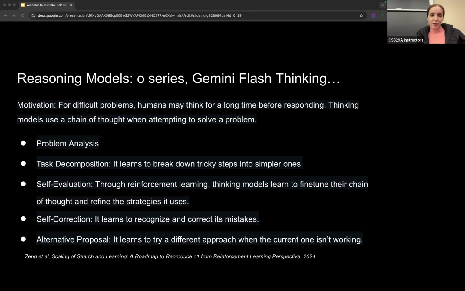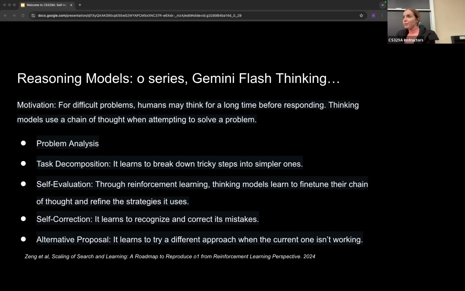So the O series and Gemini Flash Thinking both use test time compute to increase their capability, and they're perhaps trained by incorporating some test time scaling and capability improvement techniques within their training process. The motivation here is that when we are solving hard problems as humans, we spend more time thinking about them than when we are solving easier problems, right? We may take a long time before responding.